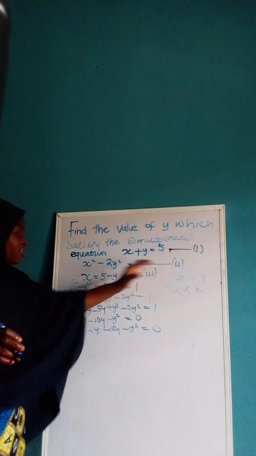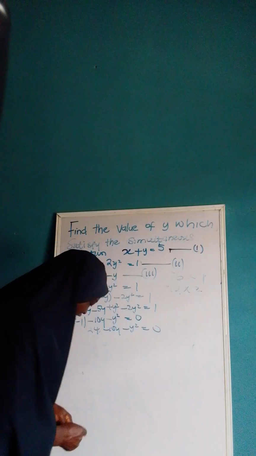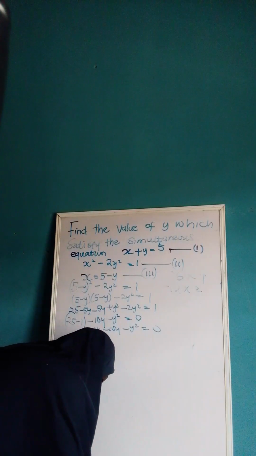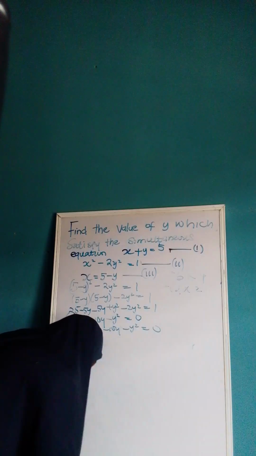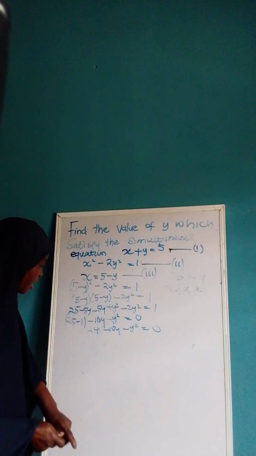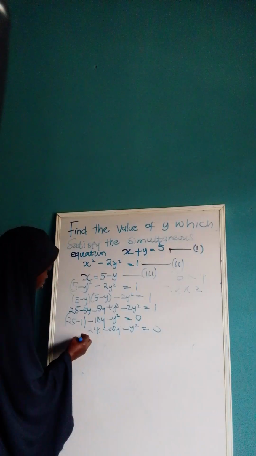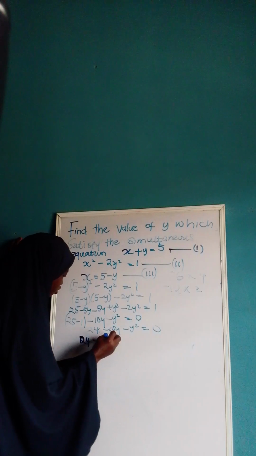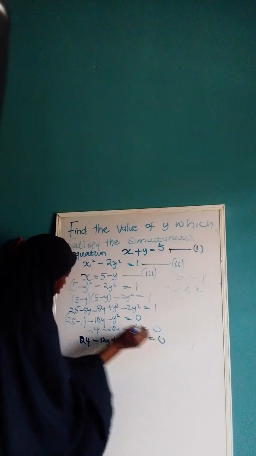So now, instead of minus 10, we are writing minus 12 plus 2. So it's going to be 24 minus 12y plus 2y minus y squared equals 0.